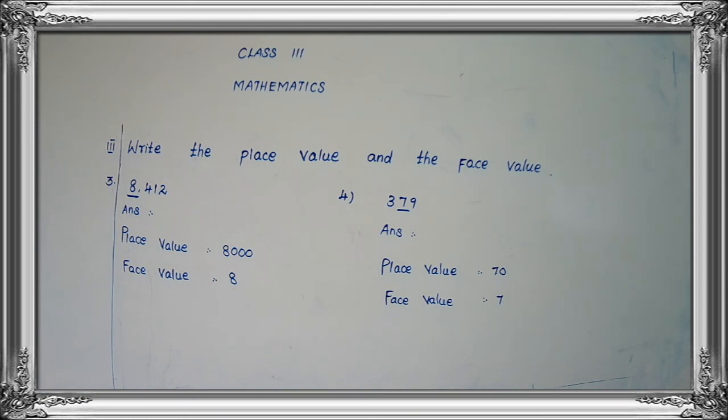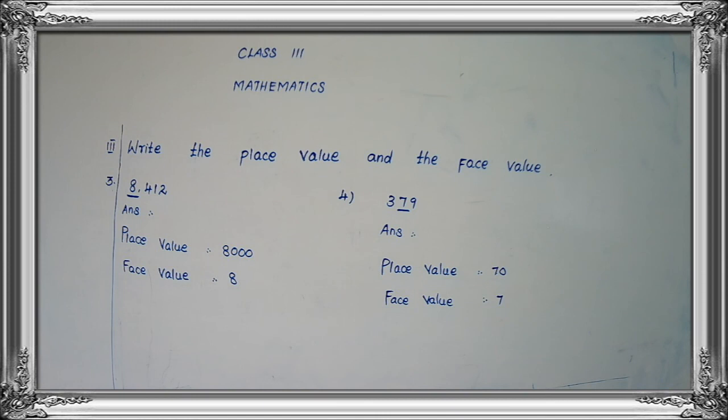Then you find which has a lesser place value for the given digit, and circle that number for each of the following. Okay, children.